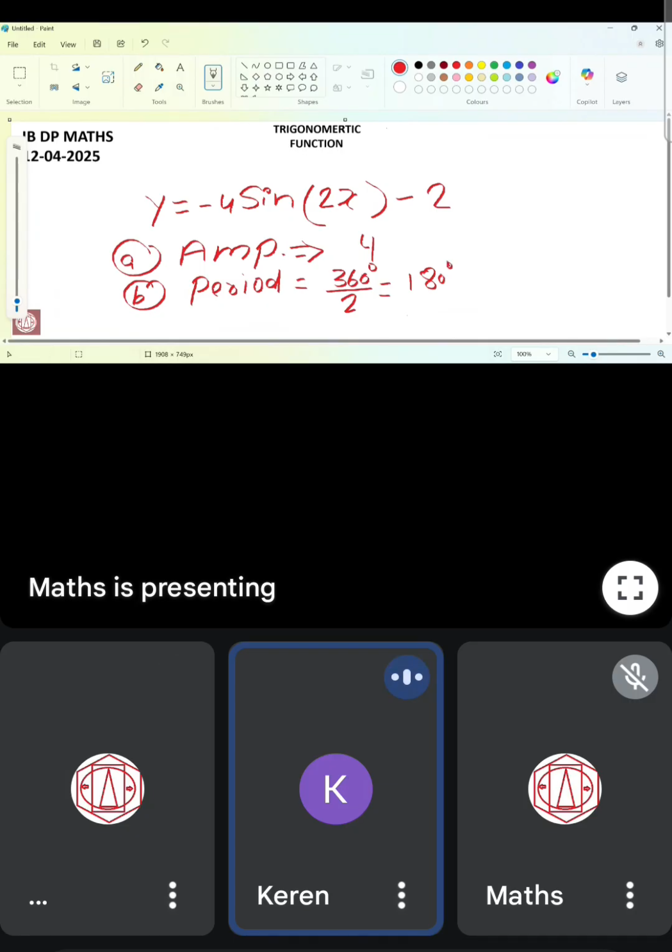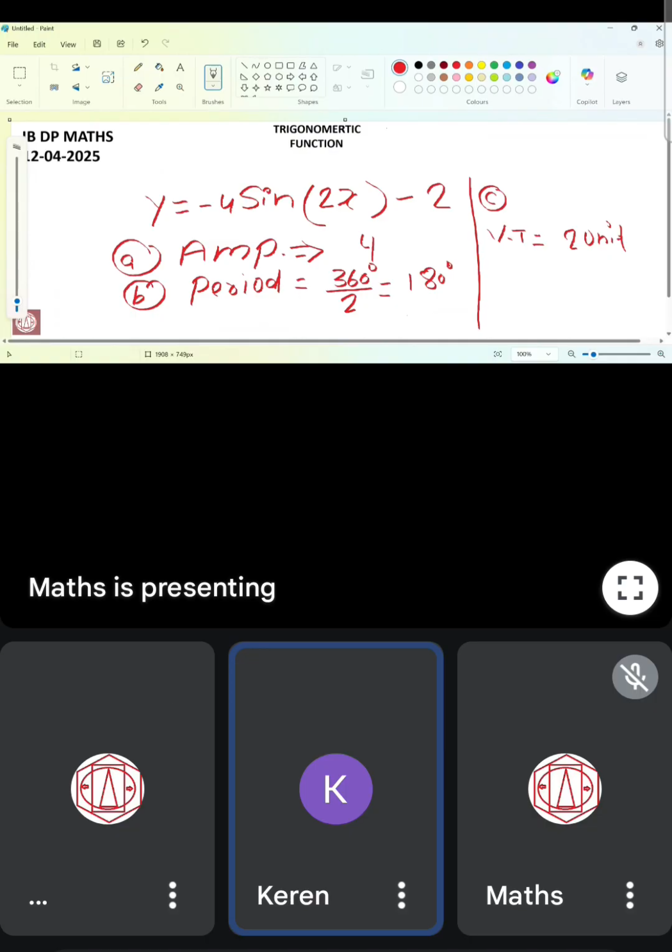Yes. And what is the vertical translation? Vertical translation will be minus 2. So you can say it's 2 units down, right? So if the question asks you where will be the principal axis, you will say 2 units down, y = -2, right?